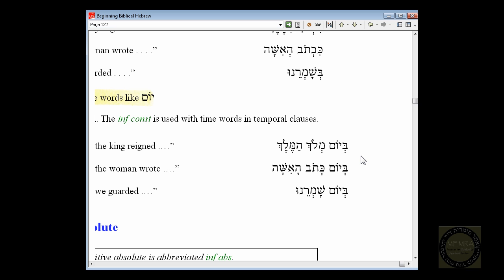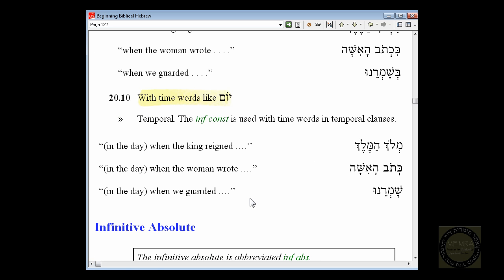Just translate beyom as when, rather than try to come up with a phrase like in a day, because that's not going to sound very good in English. But when the king reigned, or you can have in the day when the king reigned. You need that when sense. You need that temporal sense. So that's why Futato has it in parentheses. In the day when.